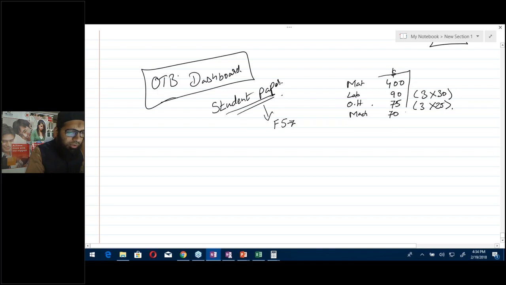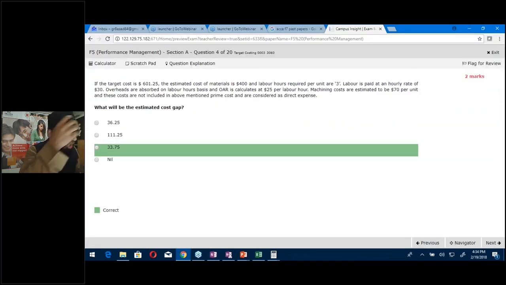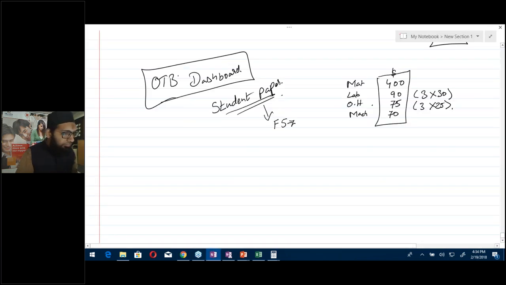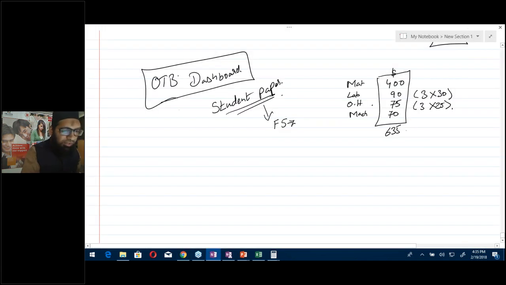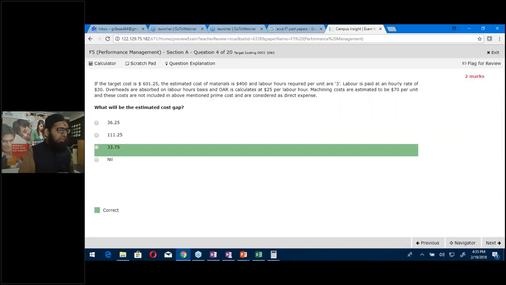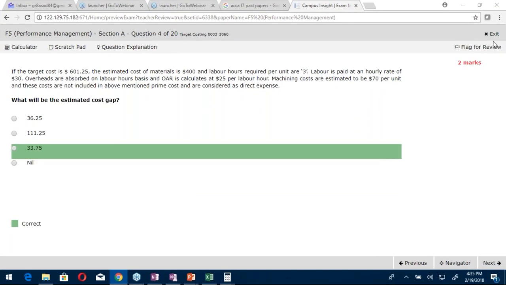Now if I total all these 4 costs, it will be $635. So 635 is my estimated cost, but my target cost was 601.25. If I subtract 601.25, my cost gap will be 33.75. So the correct answer should be C, 33.75.